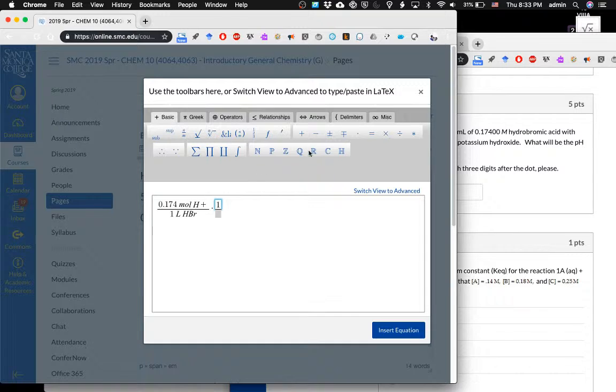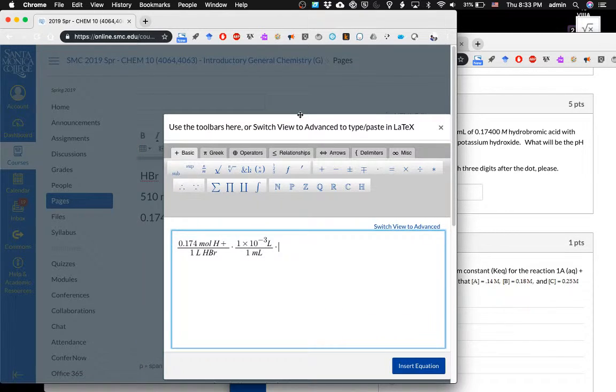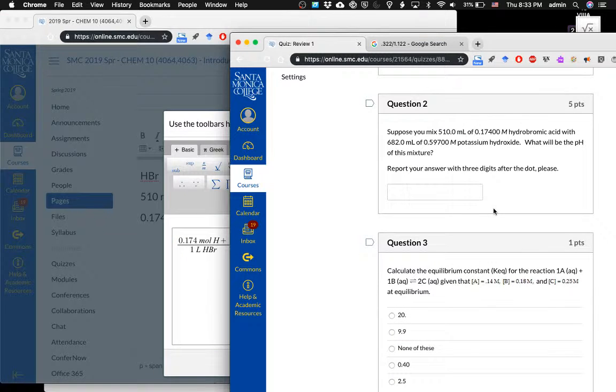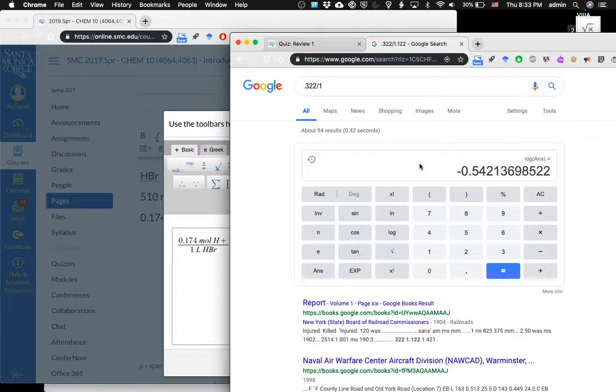I know that there's 1 times 10 to the power of negative 3 liters in 1 milliliter, and I had 510 milliliters. So these cancel out except for moles. So the moles of H plus are 510 times 0.174 divided by 1,000, and that's 0.0887.